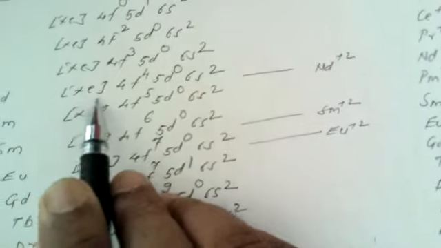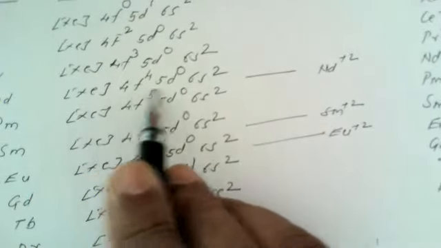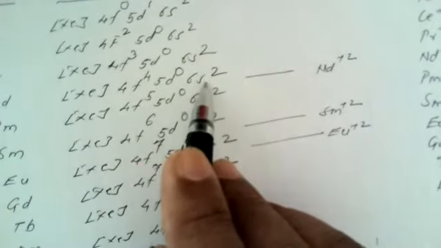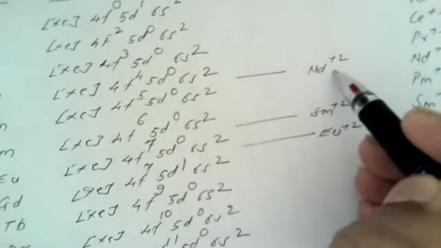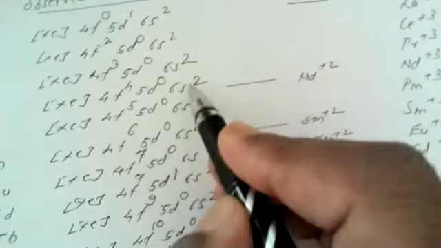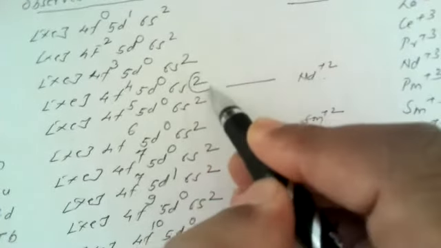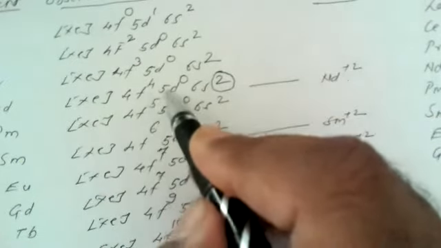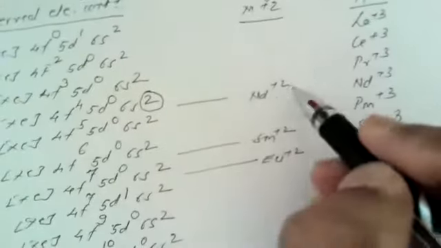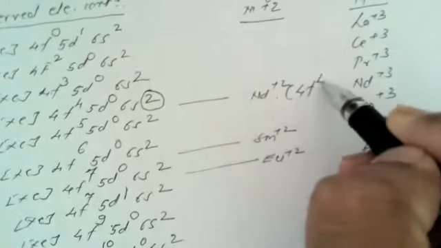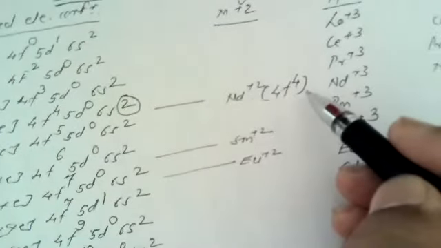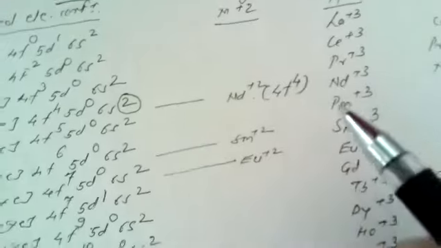For example, consider the electronic configuration of neodymium: 4f4, 5d0 and 6s2. So to show the +2 oxidation state of neodymium, we have to remove these two electrons. So after removal, what is remaining? 5d0 and 4f4. So into the bracket we have to write 4f4. So you should write neodymium +2.